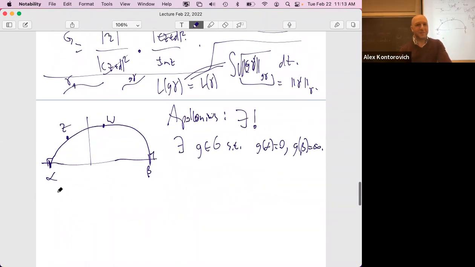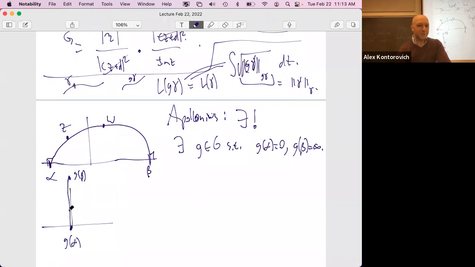So we can always map alpha to 0, beta to infinity. Then we have to know that circles and lines go to circles and lines under fractional linear transformations. So this circle has to go to a circle from 0 to infinity.